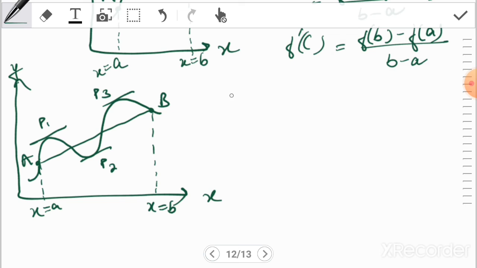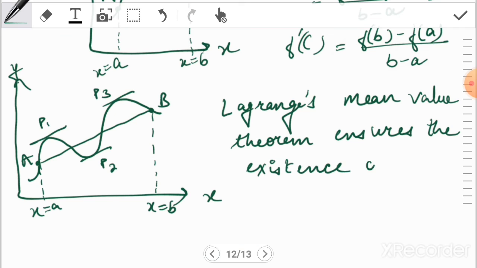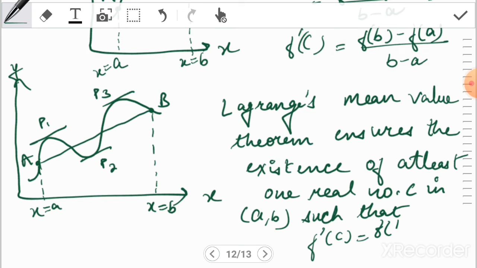So Lagrange's mean value theorem ensures the existence of at least one real number c in the open interval (a, b) such that f'(c) is equal to (f(b) minus f(a)) by (b minus a).